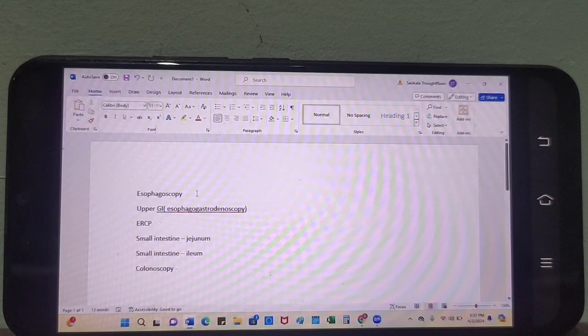For every scopy we have a specific termination point.